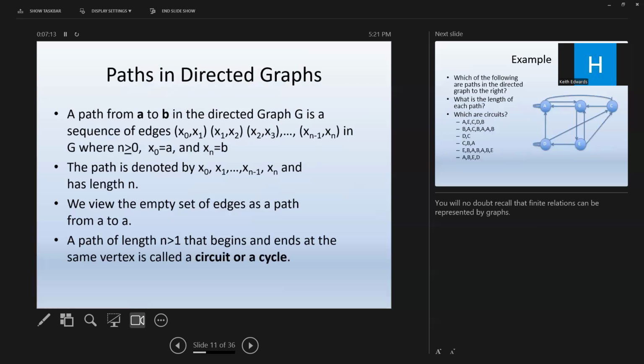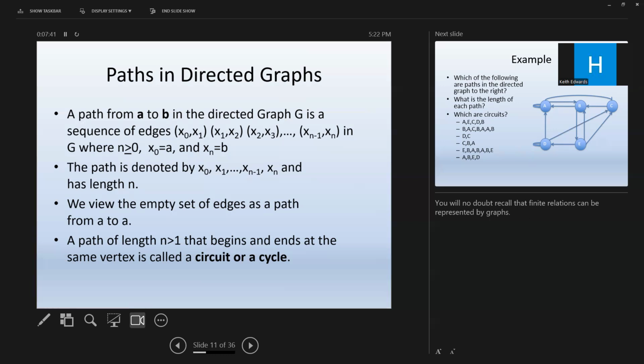Paths in directed graphs. Recall that we can represent relations as graphs. A path from a to b in the directed graph G is a sequence of edges (x0, x1), (x1, x2), (x2, x3), up to (x_{n-1}, x_n) in the graph, where n is greater than 0, x0 is a and x_n is b. That would take us from a to b through those intermediary nodes.